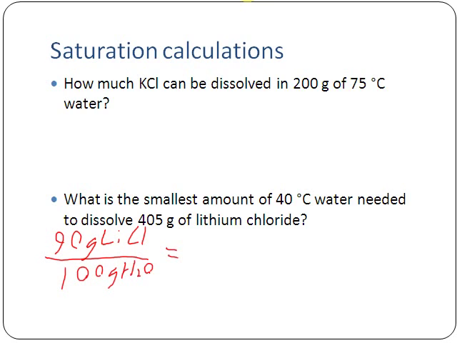And I'm going to set this equal to what I have here. It says I want to dissolve 405 grams of lithium chloride. That's the amount of solute up here. And I want to find how much water. This is per 100 grams of water here, so I'm going to put this over x.